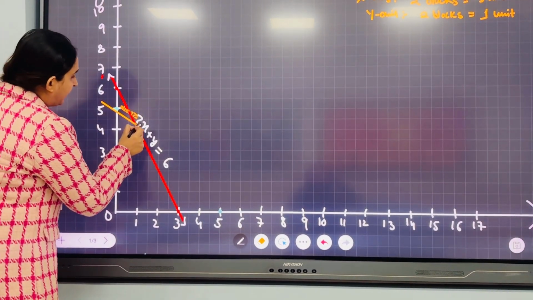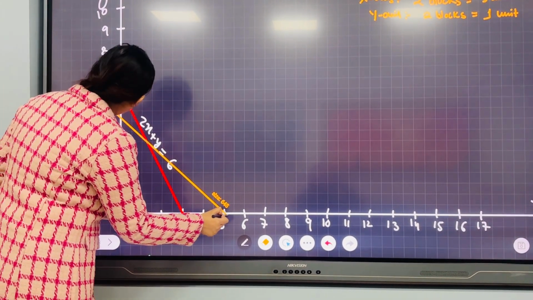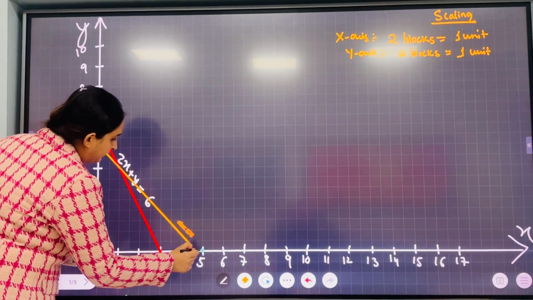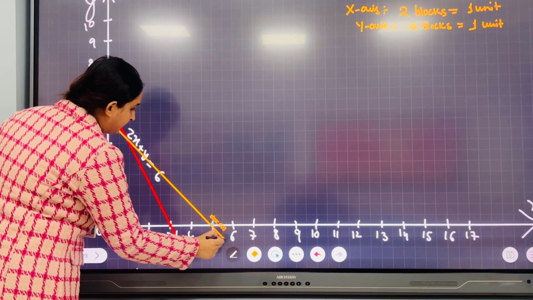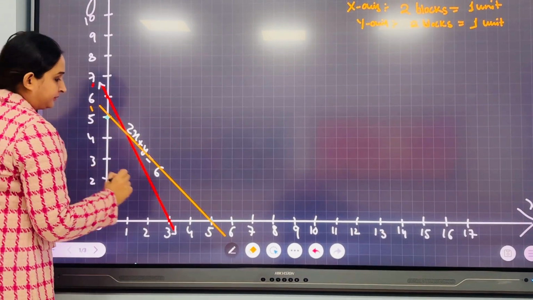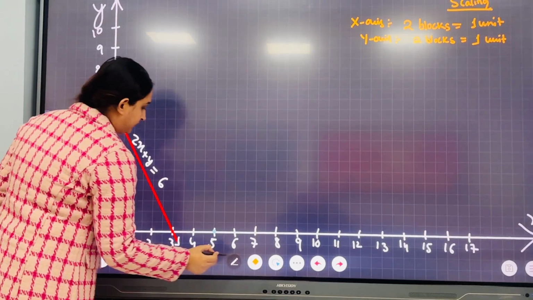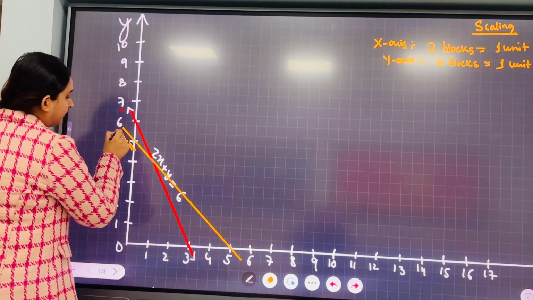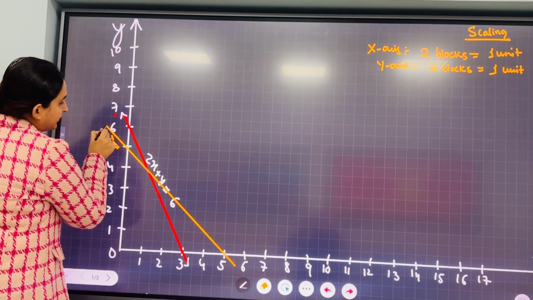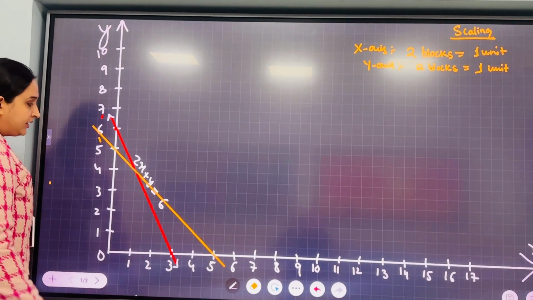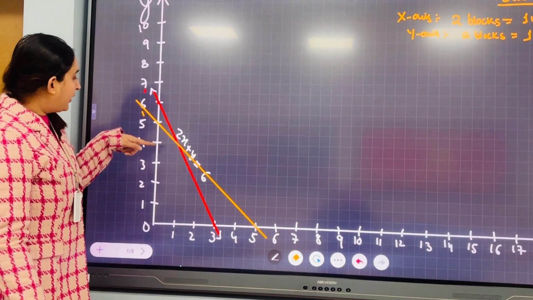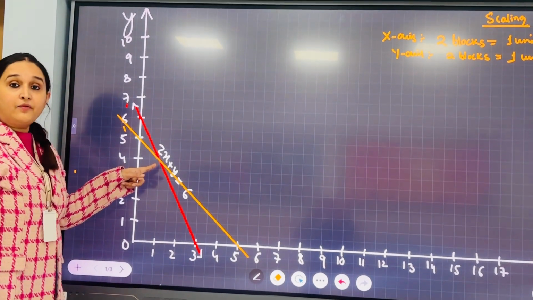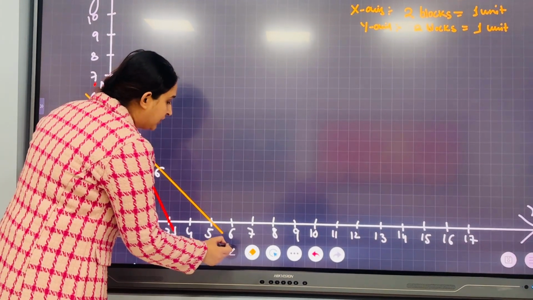Here it is passing through 5 and here also it is passing through 5. It's much better this way. Now just see the point of intersection of both lines, where the graphs are intersecting. That will be your answer.